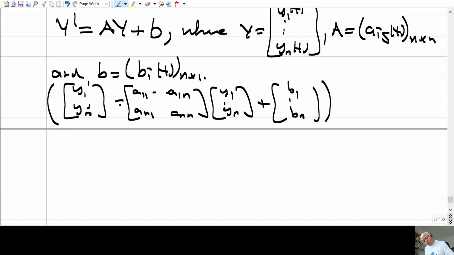The conclusion is the following. If these coefficient functions, what are they?